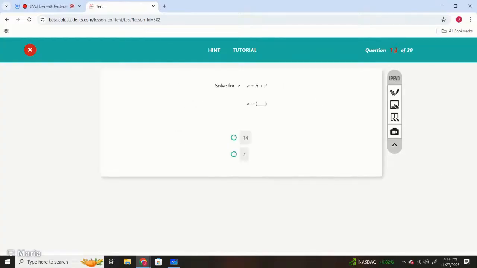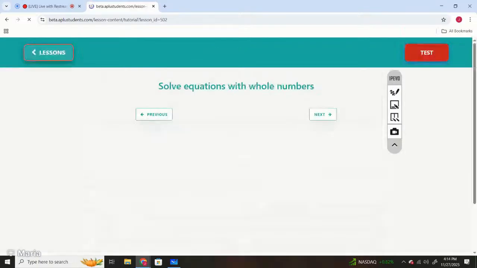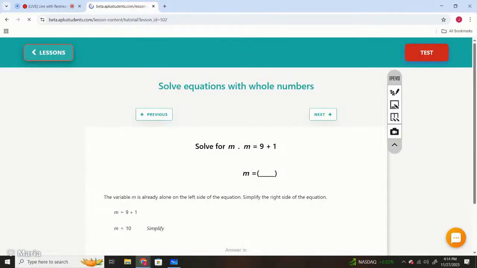Option number 2 is the correct option. Solve for z. Z equals 5 plus 2. 7 it is. Option number 2 is the correct option. Okay, you can complete the lesson by yourself later today. Let me just move on to the next lesson.